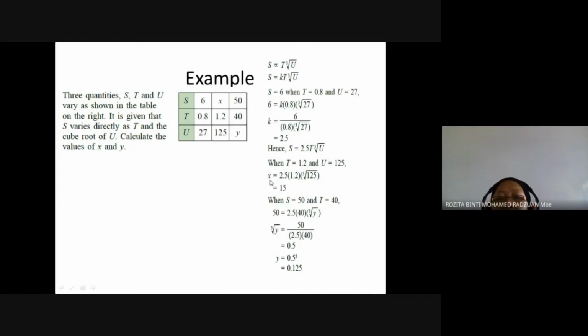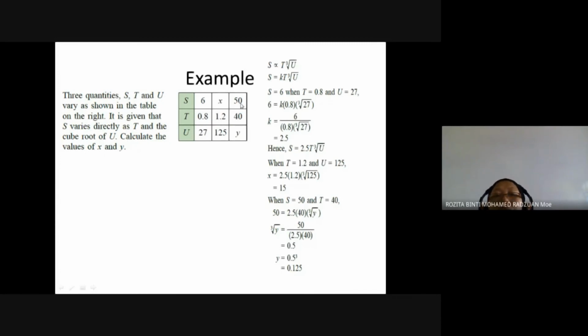X equals 2.5, T is 1.2, and U is 125. So we substitute X equals 2.5 times 1.2 times cube root of 125, and then we get X equals 15.